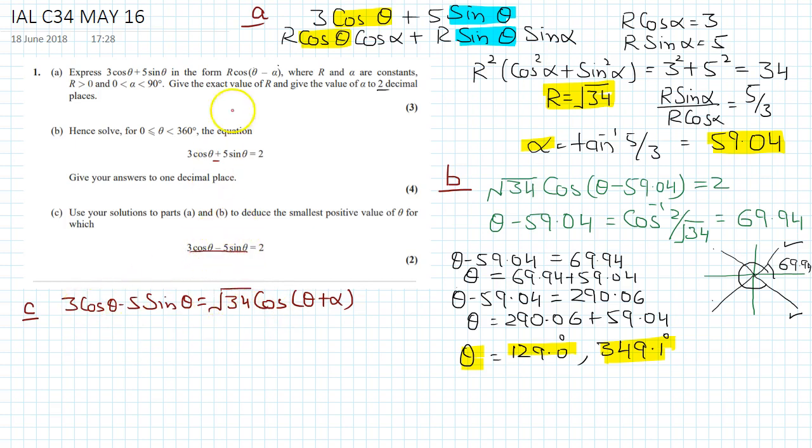So this one I have written according to this, I have changed the sign, and it is equal to 2. So now theta plus alpha, smallest positive value we have to calculate. Theta plus alpha is equal to cos inverse of 2 over root 34. We have already calculated this. This is 69.94.